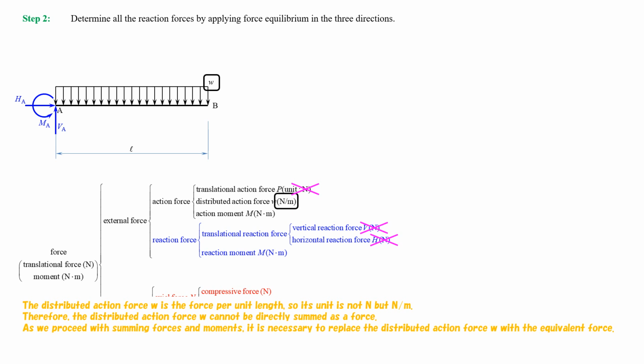Therefore, the distributed action force, W, cannot be directly summed as a force. As we proceed with summing forces and moments, it is necessary to replace the distributed action force, W, with the equivalent force.